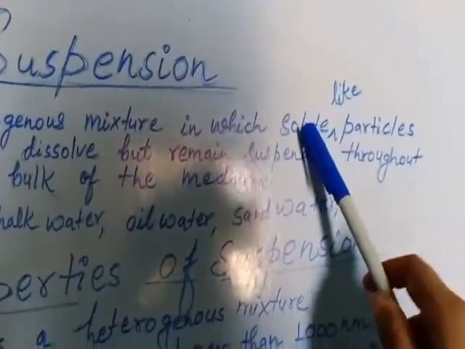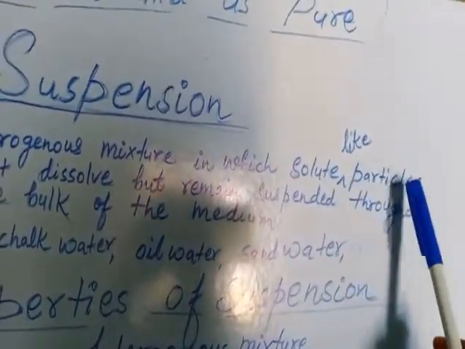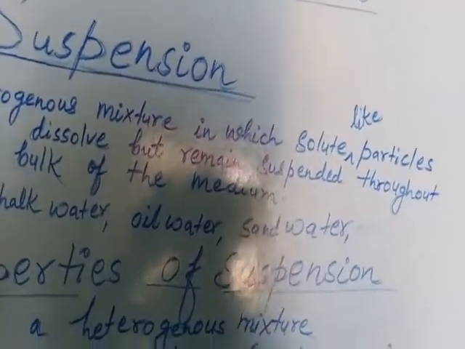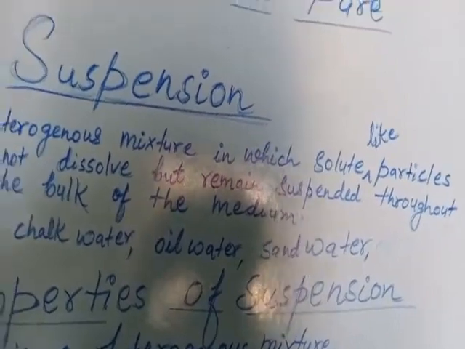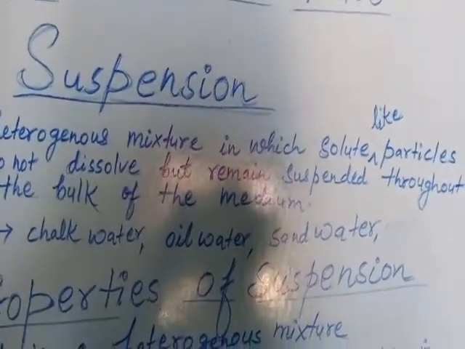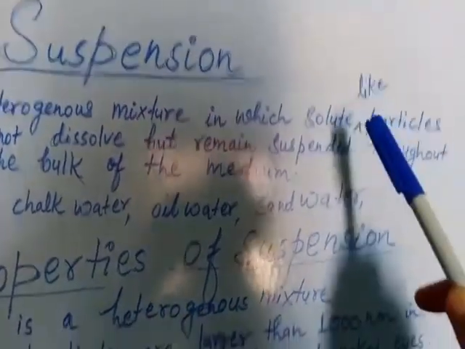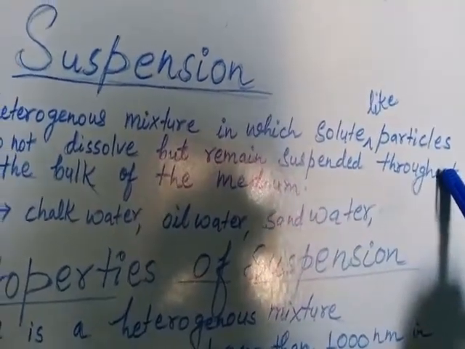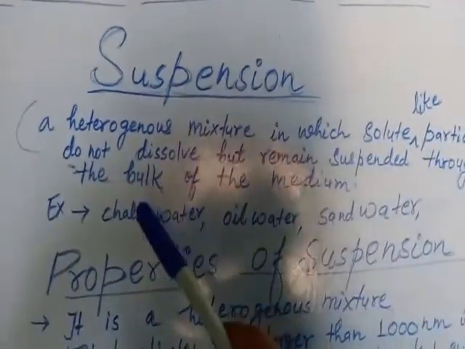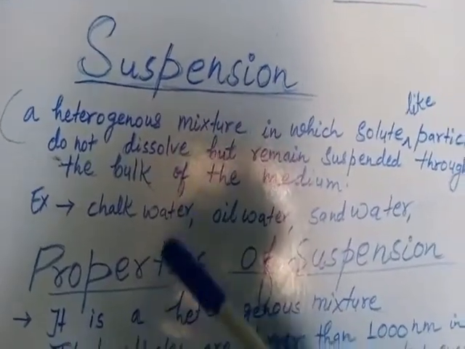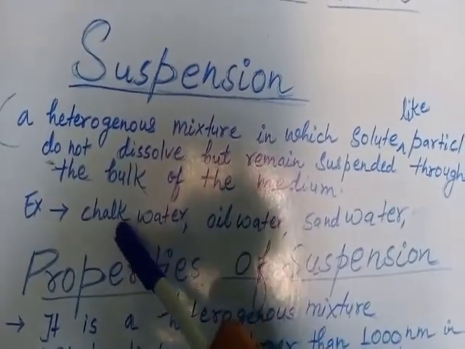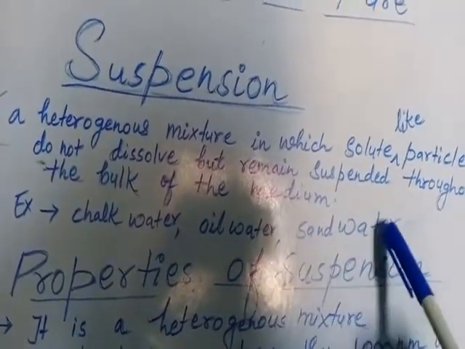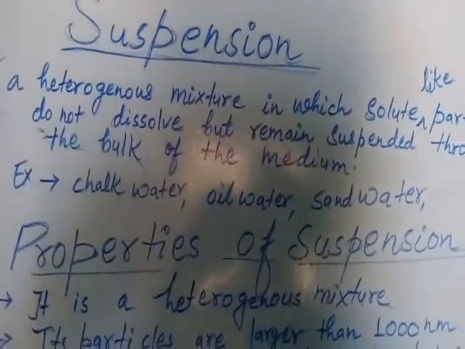So here we must not use solute particles because solute or a solvent is a component of a solution. So whenever we are defining suspension, we should use constituent particle as solute-like particles. Okay. So we have different examples of suspension. Some of the examples I have written, like chalk water mixture, oil water suspension, sand water suspension, etc.